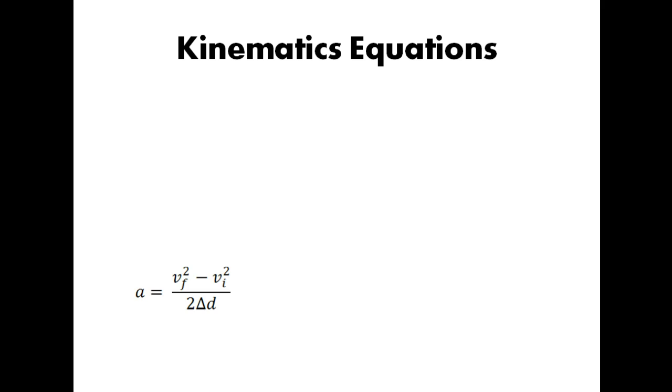The next equation we're going to come to is also for acceleration, but it uses different variables this time. You still see we have acceleration, but now we have velocity final squared minus initial velocity squared divided by 2 times the change in displacement. So now instead of time down here, we have change in displacement, and we square both of these.